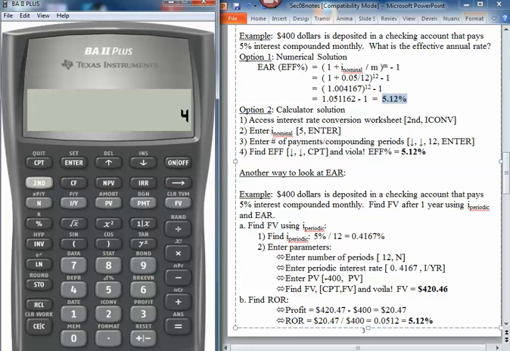We put in our same $400 deposit, and we compute the future value. And we get essentially the same answer, with maybe a little bit of rounding. So that's why we can say that we are indifferent between 5.12% compounded annually or 5% compounded monthly.